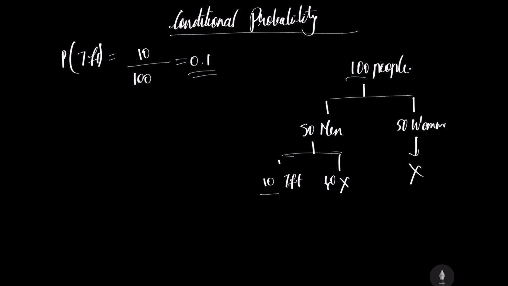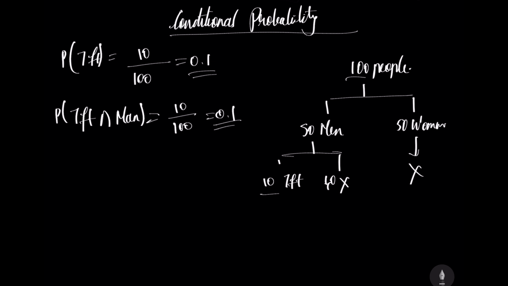So that would be 0.1. Now let's try joint probability. What is the probability that the person we picked at random is 7 feet tall and happens to be a man? In our simplified example, all the 7 feet tall people are men, there are no women. So the result is identical, 0.1.